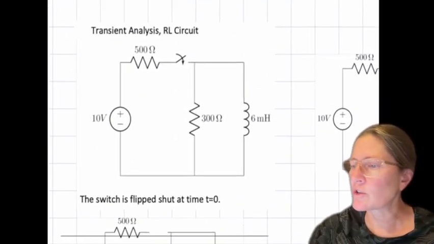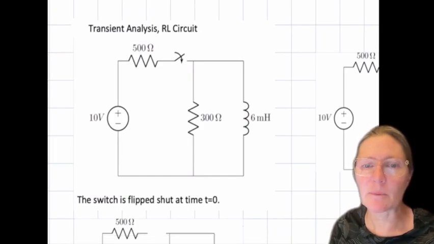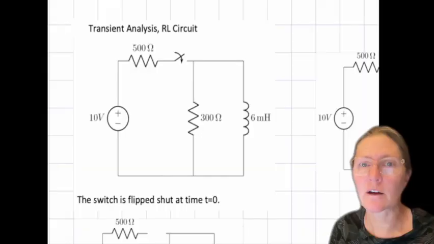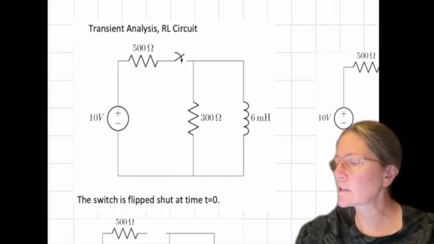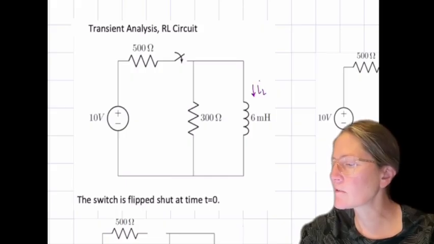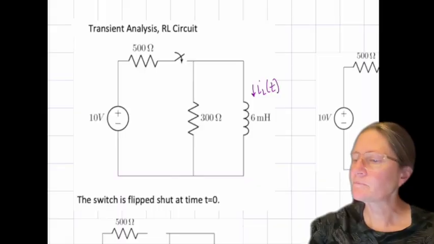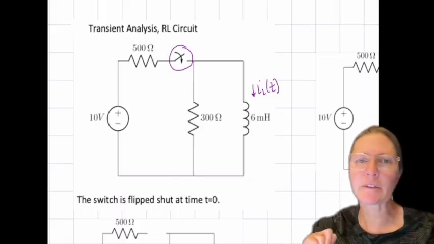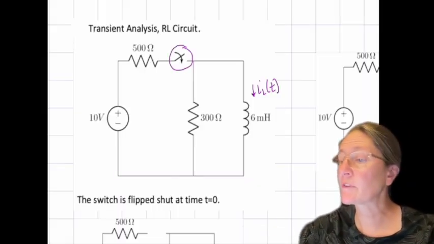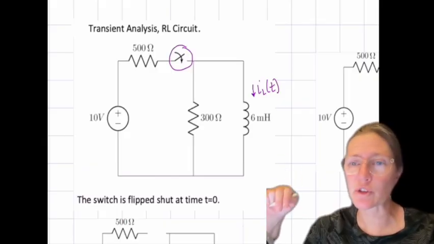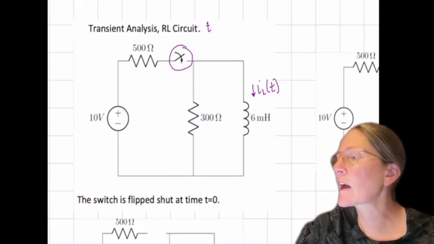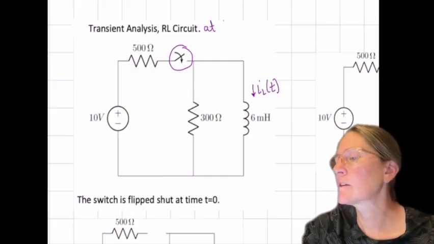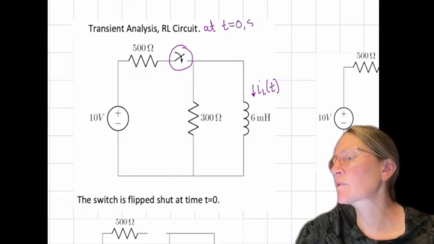All right, we are going to do the same steps for our L circuit. So here we're going to try and find IL of t. The switch closes at time equals 0.